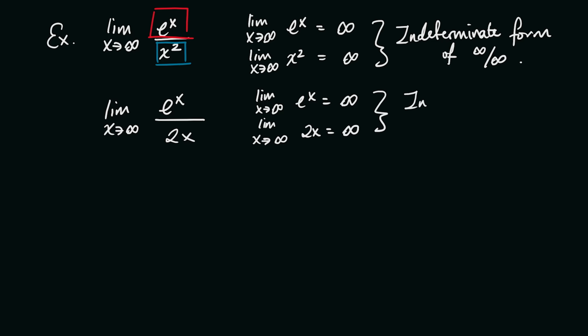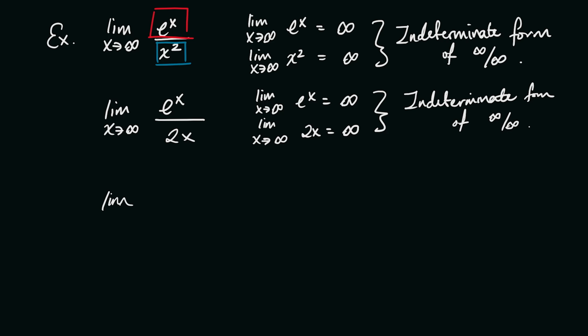And now that is another indeterminate form of infinity over infinity. So now we have to apply it for the second time and hope that we can actually achieve some better results.